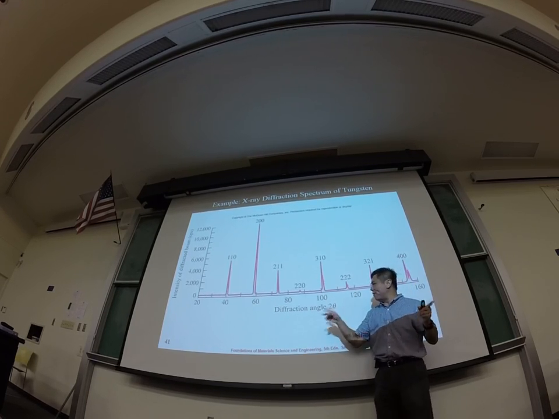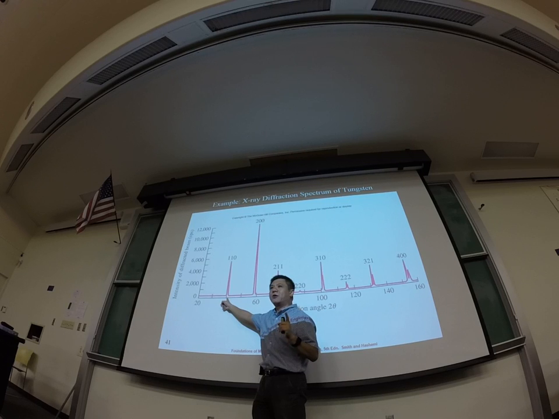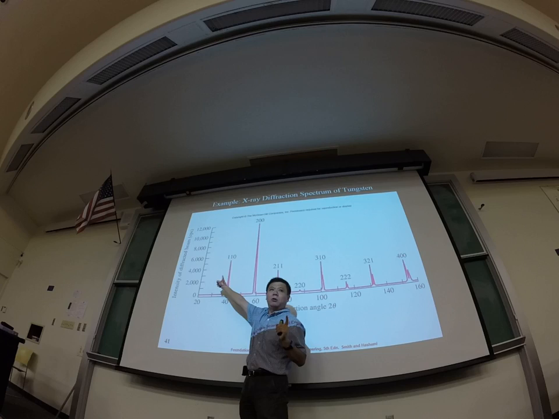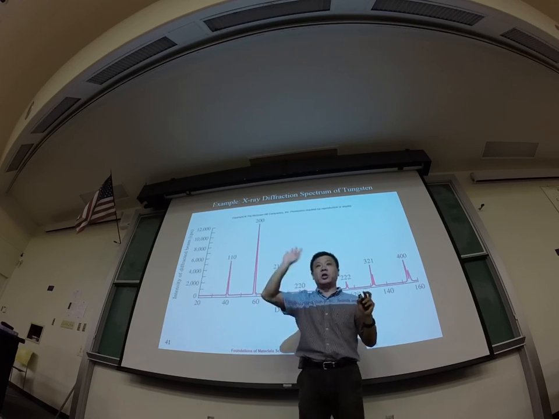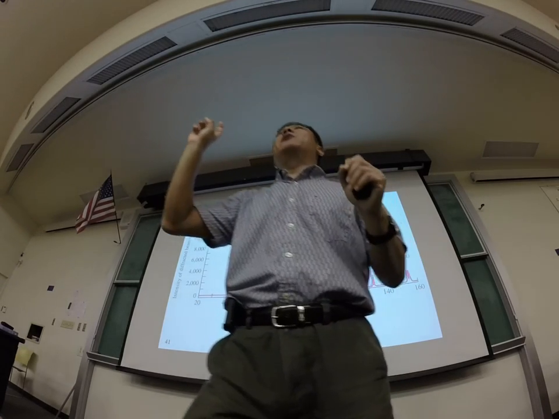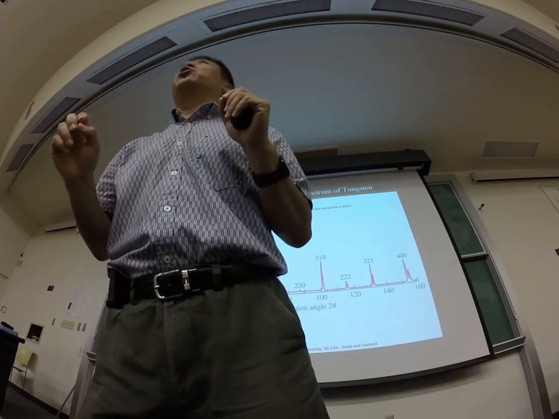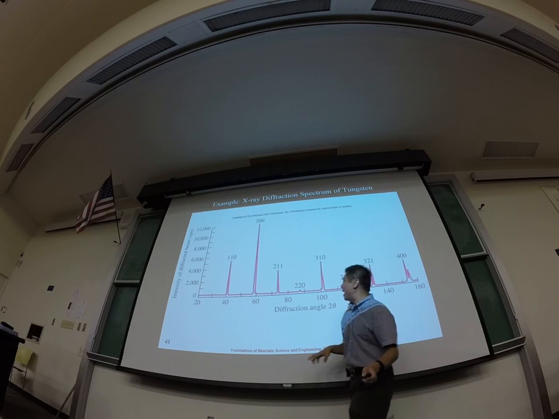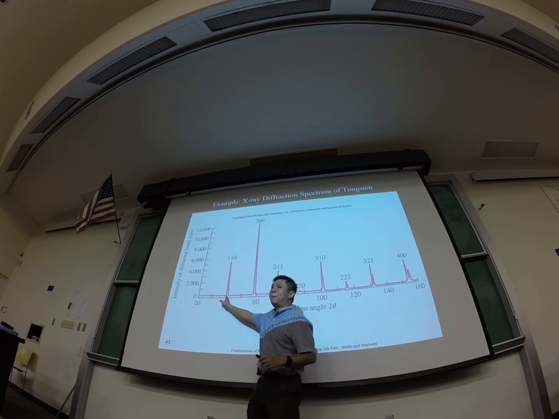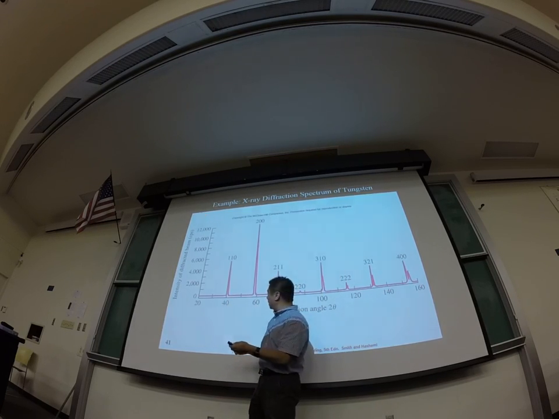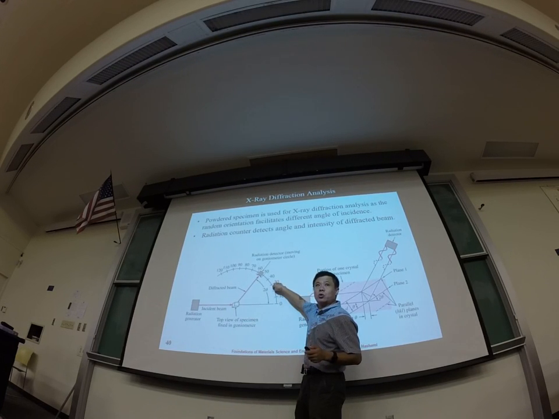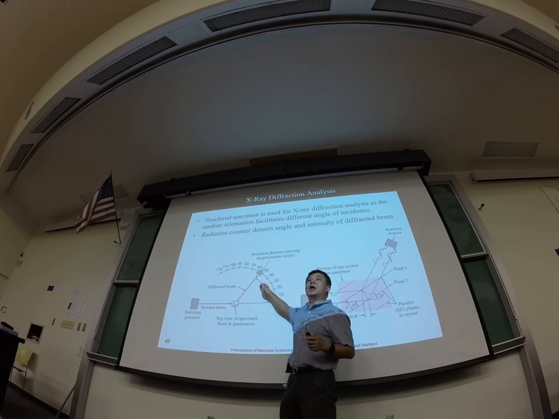So that means if you read out from the spectrum, the first peak, 110, corresponds to about 40 degrees, so the diffraction angle theta should be about 20. You need to divide it by 2. So in the experiment, when the detector is at about 20 degrees, it will see a large number.